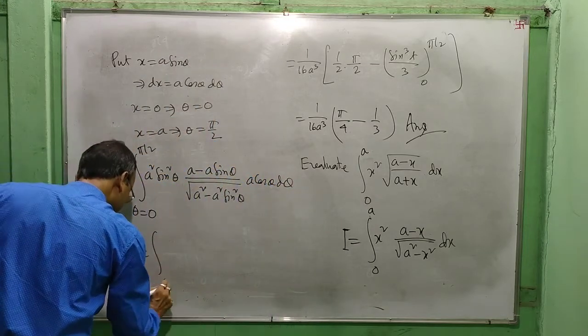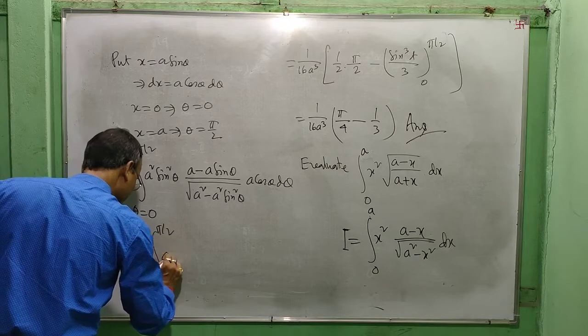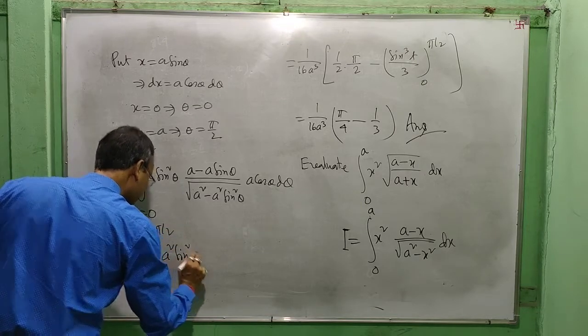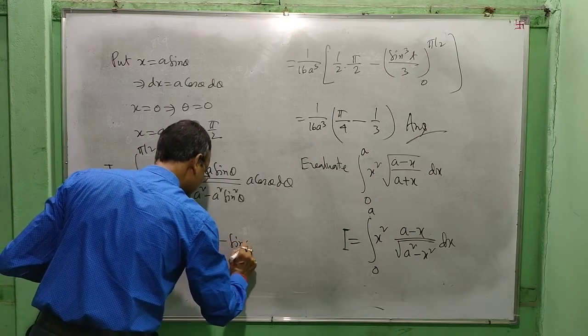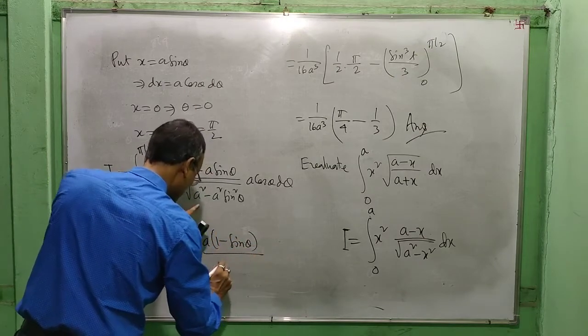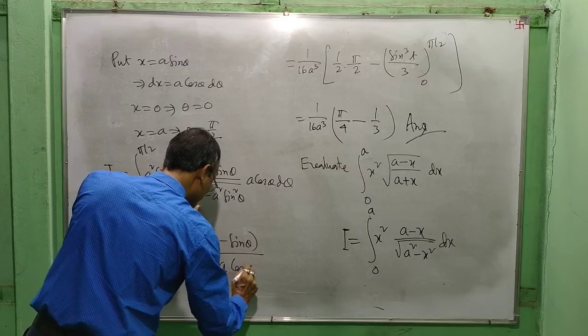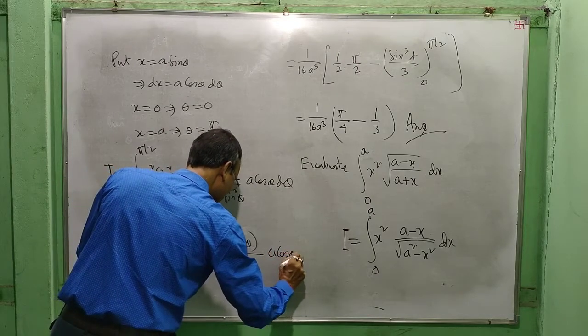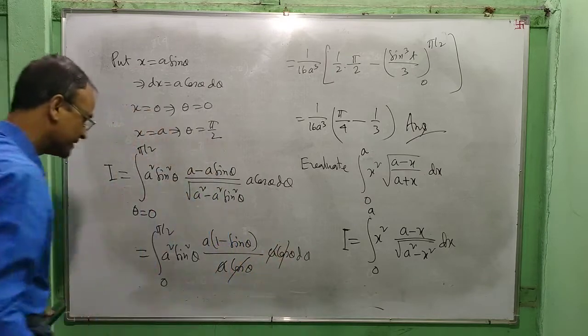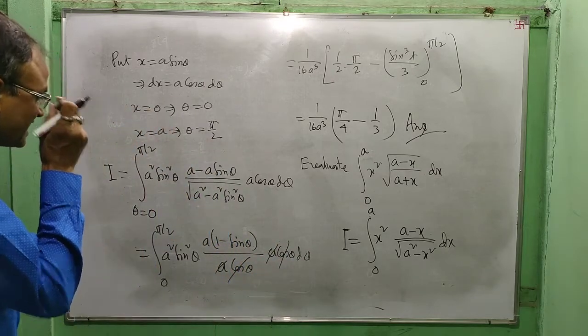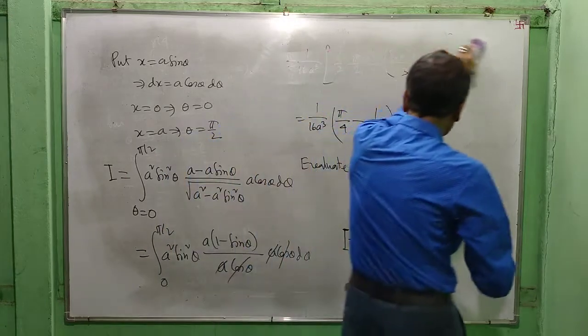This is equal to integration 0 to pi by 2, a square sin square theta, into a into 1 minus sin theta, over a cos theta, d theta. A cos theta will be cancelled.